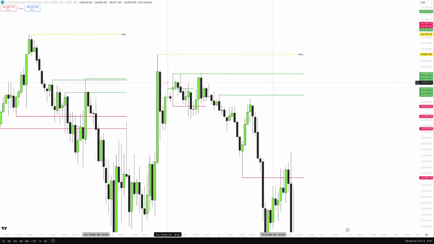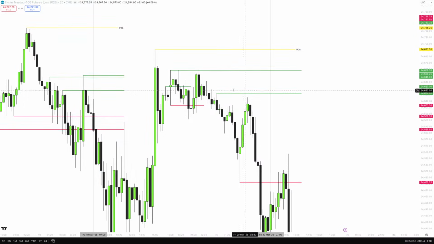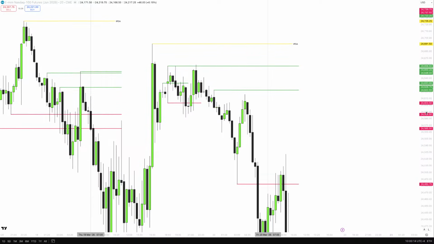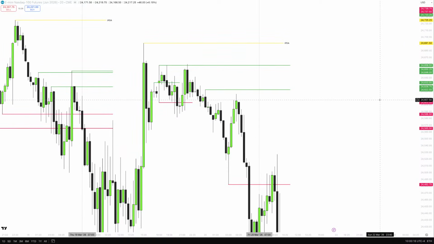So it adds up to 3, 6, or 9. So we can see here we had a displacement to the upside at this high. But after that, we did not displace this high to the upside and also didn't displace this high to the upside. So that means for me that we are very weak.